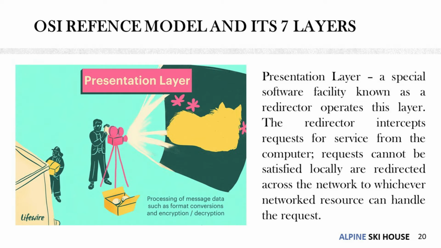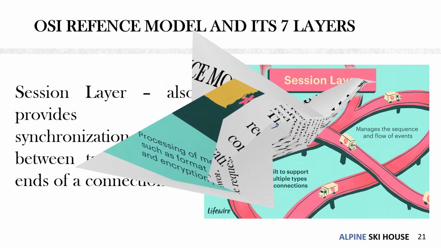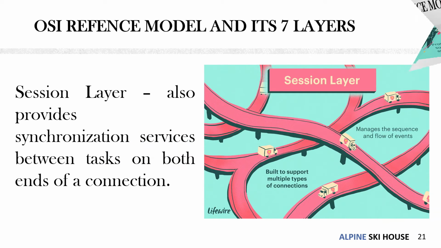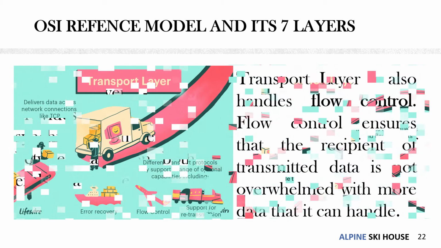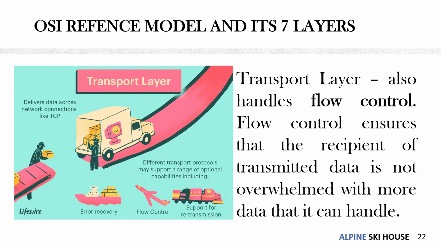Requests that cannot be satisfied locally are directed across the network to whichever network resource can handle the request. The session layer also provides synchronization services between tasks on both ends of a connection. The transport layer also handles flow control. Flow control ensures that the recipient of transmitted data is not overwhelmed with more data than it can handle.